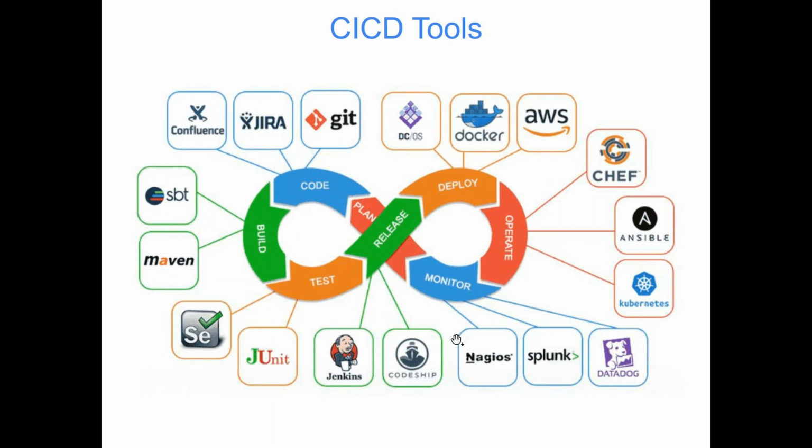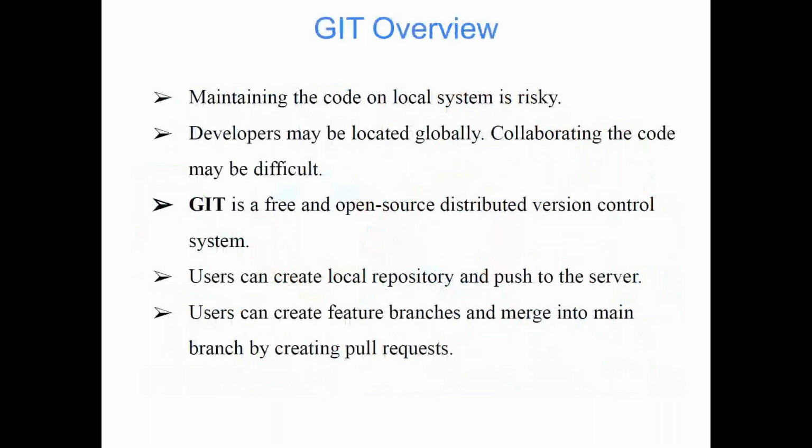Maybe for monitoring you will not use any of these three. That's fine. Similarly, for code, suppose you are not using all this, you can use SVN. SVN is also one of the code versioning tools. Okay, so any doubts on this slide? Okay, let's move to the next one.